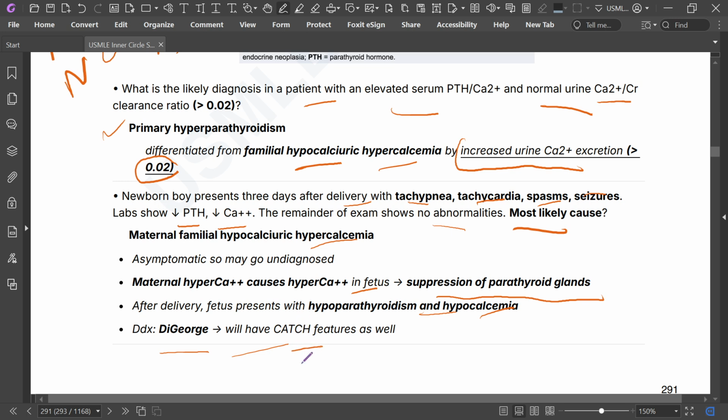So for maternal familial hypocalciuric hypercalcemia, in a newborn, low PTH and low calcium.